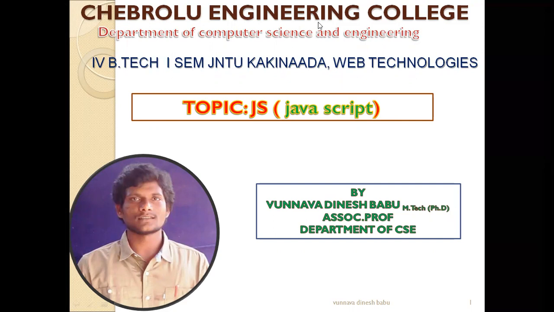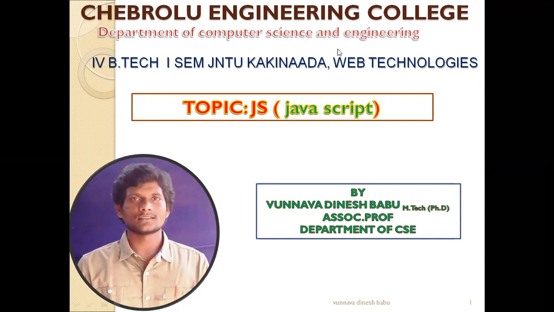Among these three, in the previous session, we completed confirm and alert messages under window object. Now in today's class, we will look at prompt message. After the completion of prompt message, we can see the operators in JavaScript.